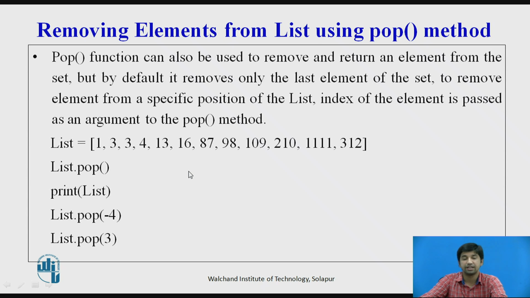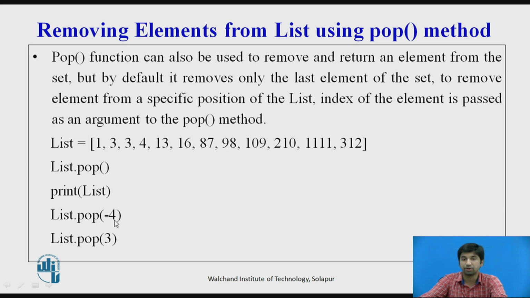If I want to delete an element at a particular position, then I have to specify the index value of that element. To remove an element from a specific position of the list, the index of the element is passed as an argument to the pop method. So here list.pop, what will it do? 312 will be deleted. Print list.